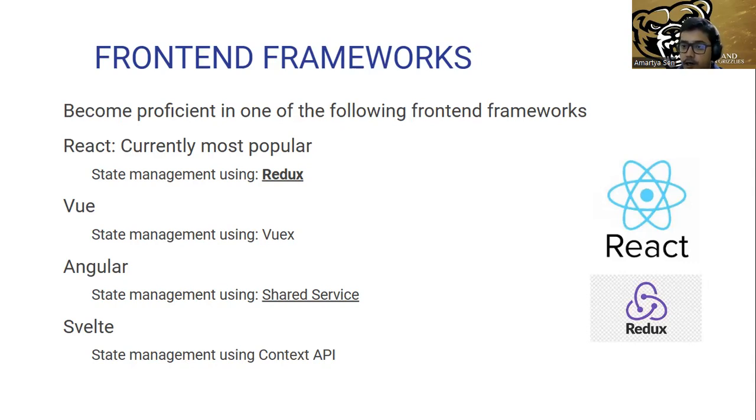Later on, when we learn about React, we will realize that you cannot just simply store your values in variables like you are familiar with in typical programming languages, and then the updated value will simply be rendered back to the screen. When you use React, it doesn't work like that. So we need different ways, and those ways are known as state management, right? Because you're managing the state of a variable.